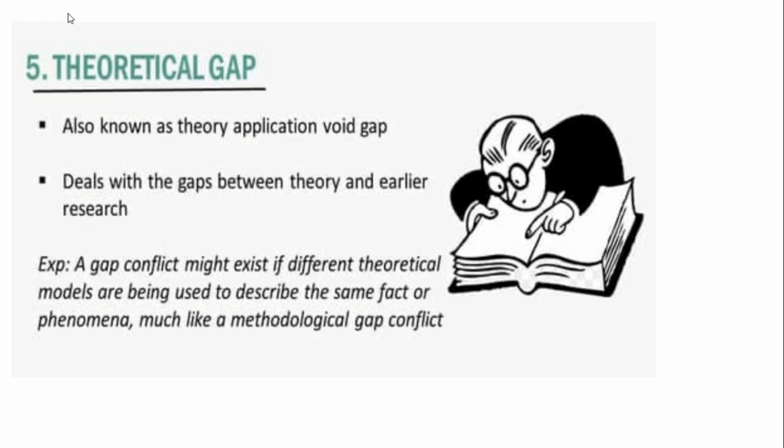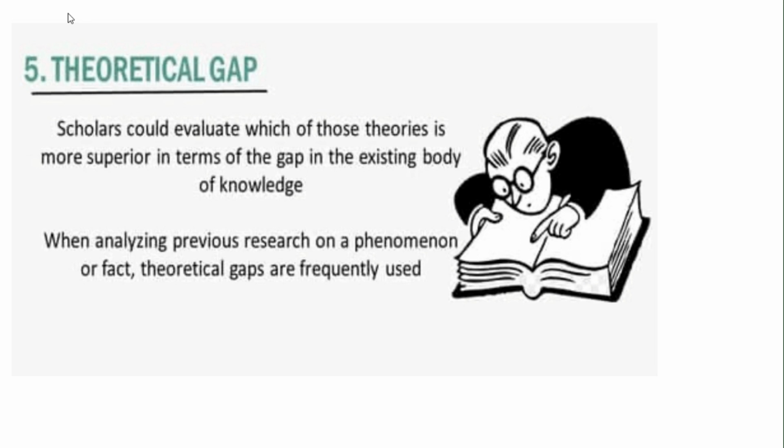These theoretical gaps are very common in examining prior research on a phenomenon. So scholars could evaluate which of those theories is more superior in terms of a gap in the existing body of knowledge, right? So when analyzing previous research on a phenomenon or fact, theoretical gaps are frequently used.